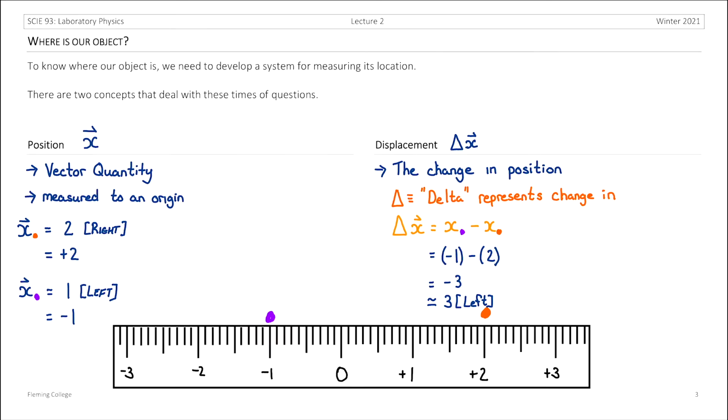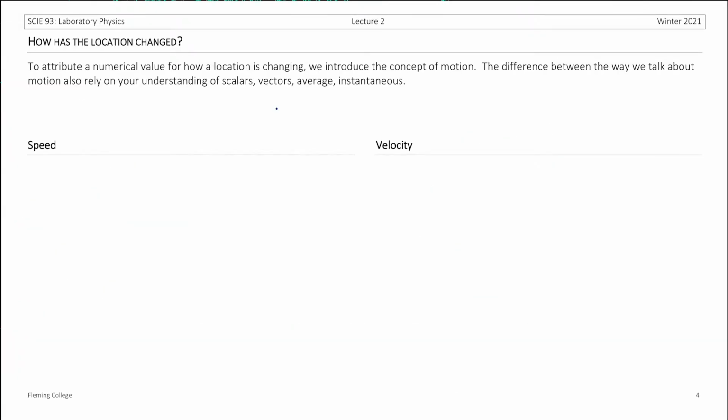The convention here is stating that we ended at the purple dot and started at the orange dot. So every time we calculate a change in, we calculate it as the final position, so where we are, minus the initial position.